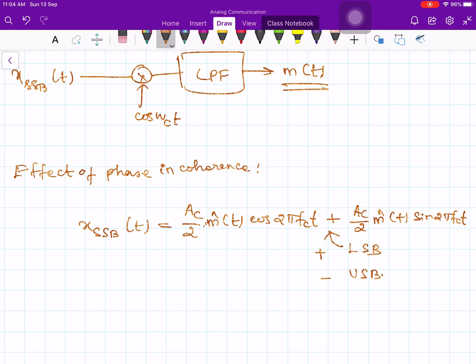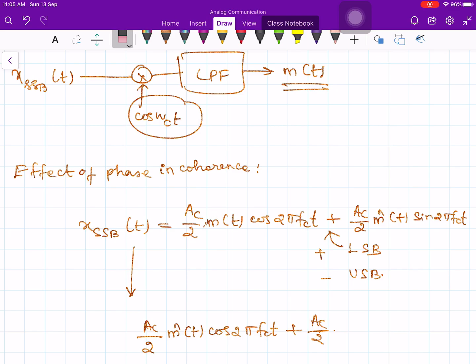Now this received signal is multiplied by cos omega ct. So we have (A_c/2) m(t) cos 2πf_ct plus (A_c/2), this is not m-hat, I am sorry, this is m only. Only the quadrature part becomes m-hat(t) sin 2πf_ct.